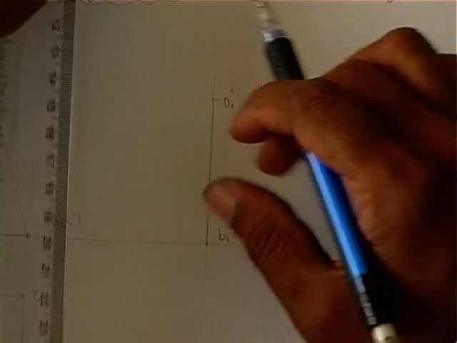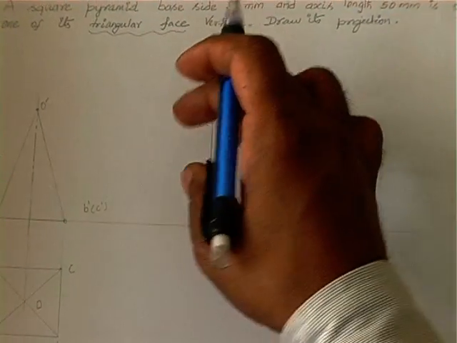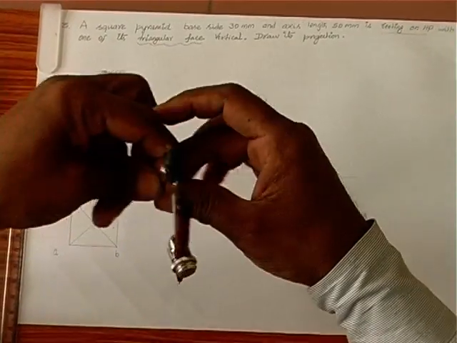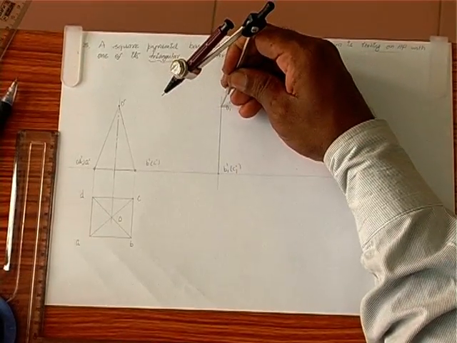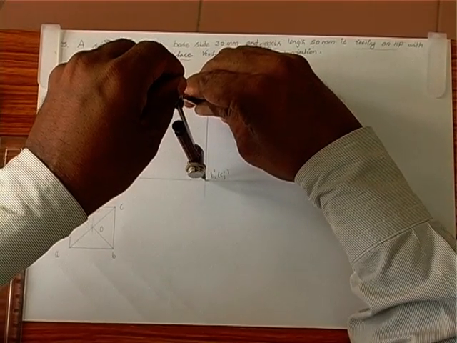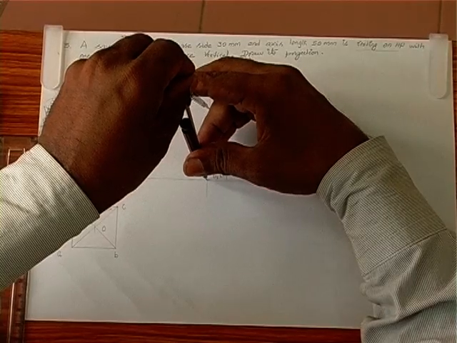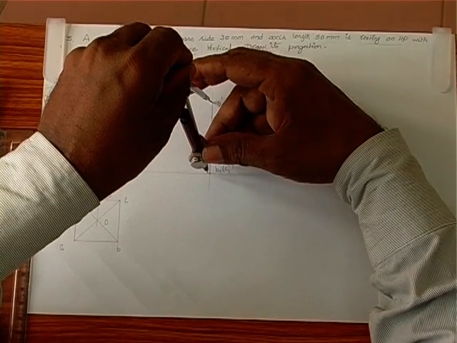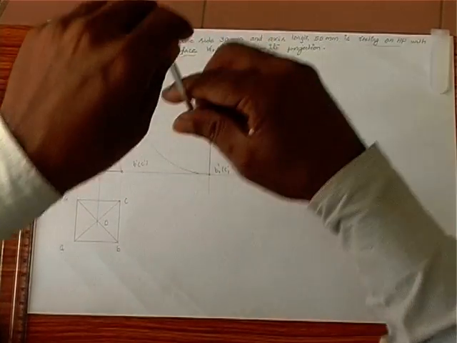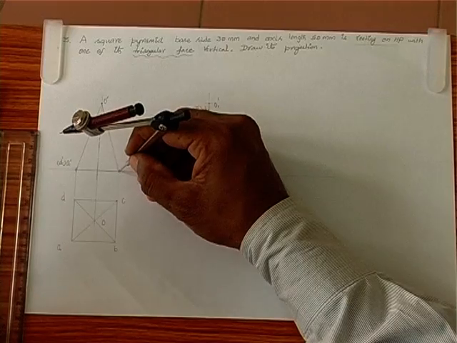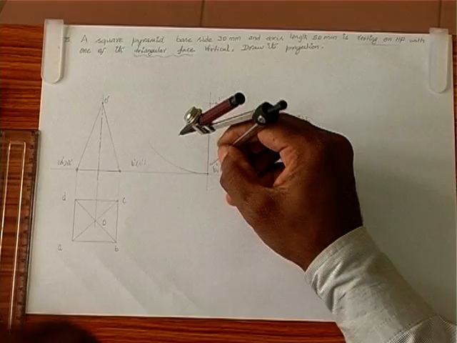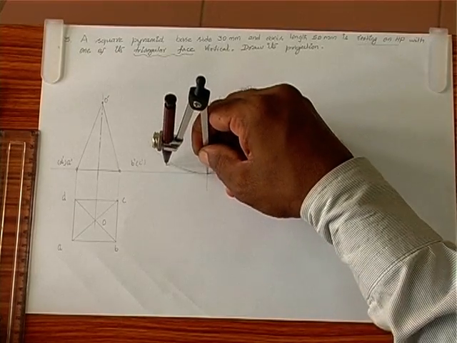Now with the help of this, we have to reproduce the same isosceles triangle with the help of this line. So what we do, we make this the center and this one as radius. We just make an arc. And upon this arc, we take this base side, the distance across the flat, and cut it here.